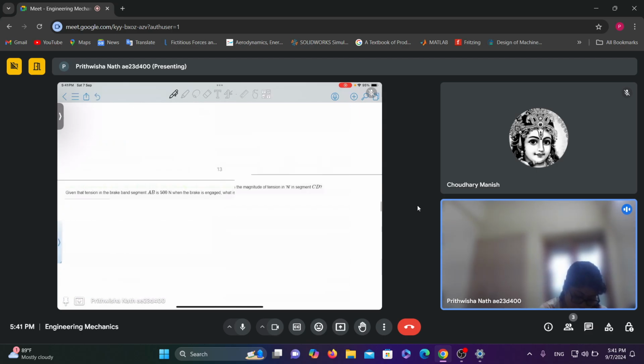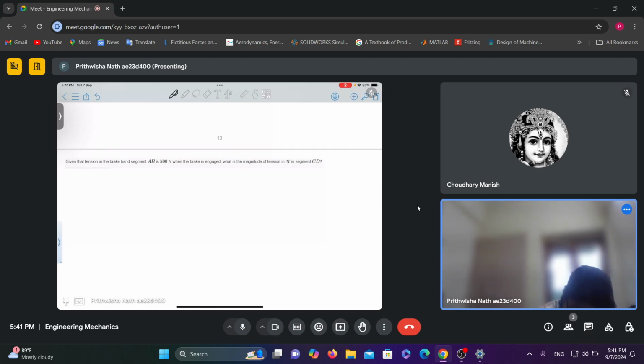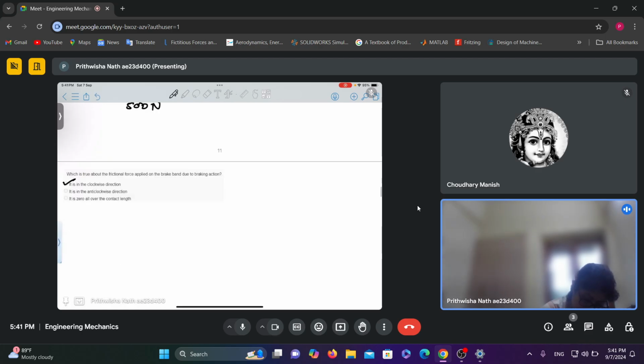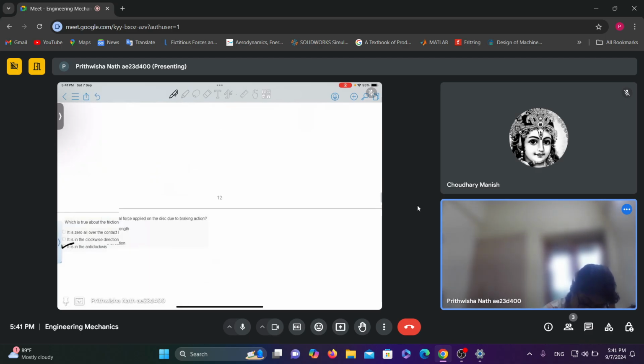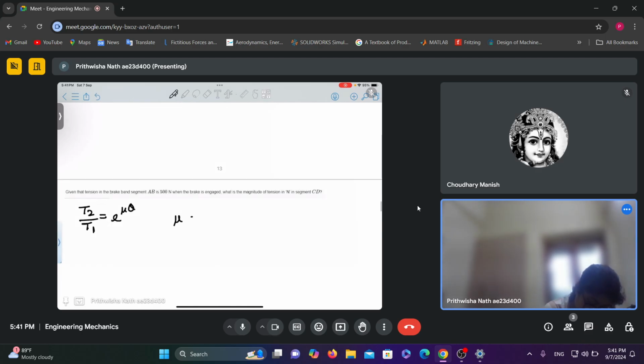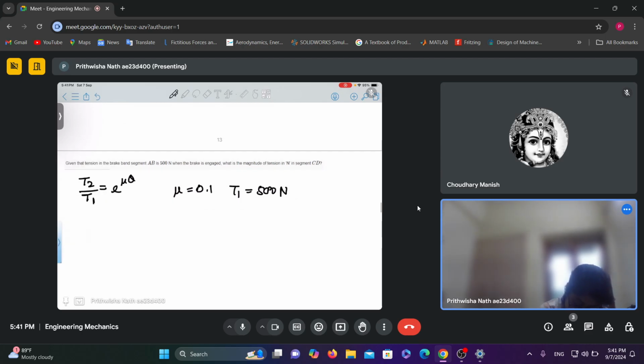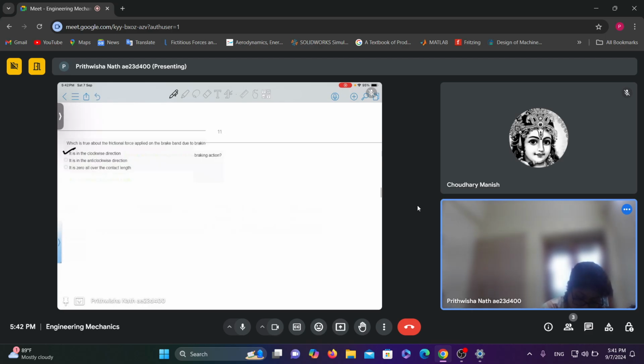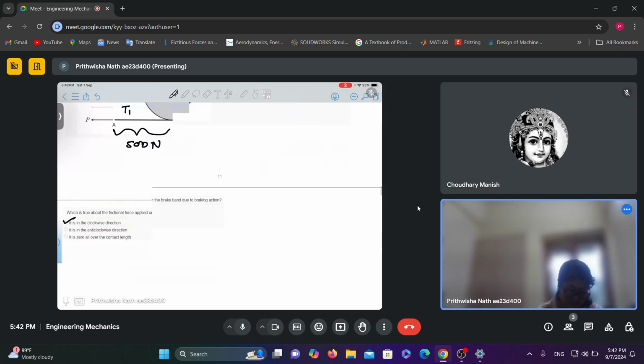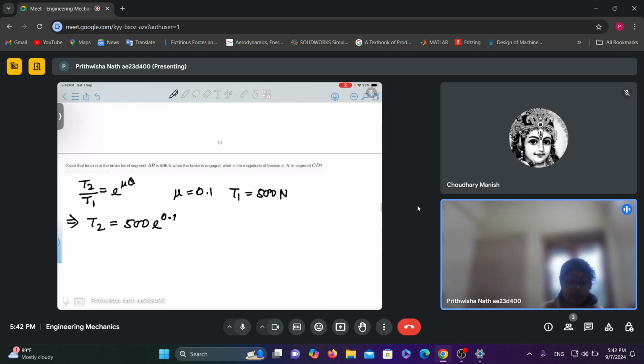Therefore, we can just write the formula T2 by T1 equals e to the power mu theta. Mu is given as 0.1 and T1 is 500 Newton. Therefore, T2 is, and theta is pi, right? You can see from this figure, and it should be in radians.